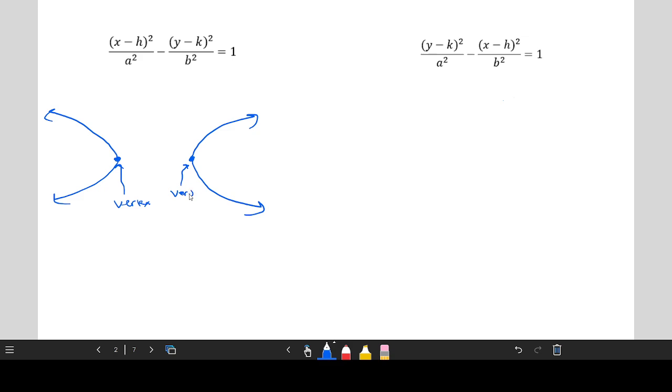There's the other vertex. There's a point called the center, which is halfway between the vertices. The line that the vertices and the center all fall on is called the transverse axis.